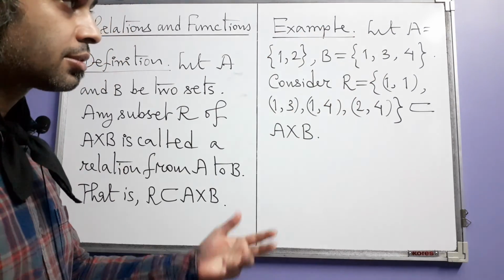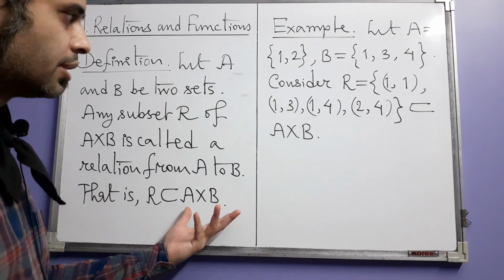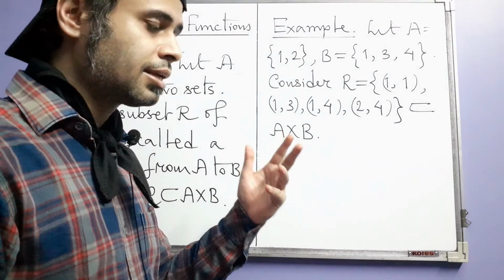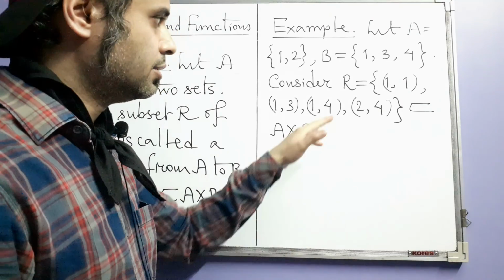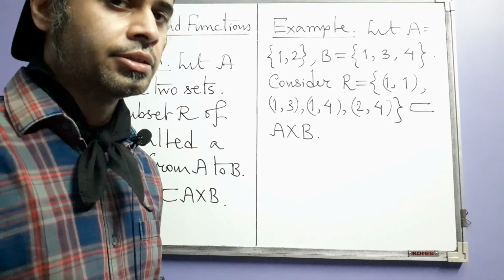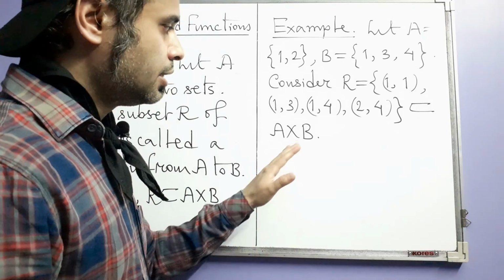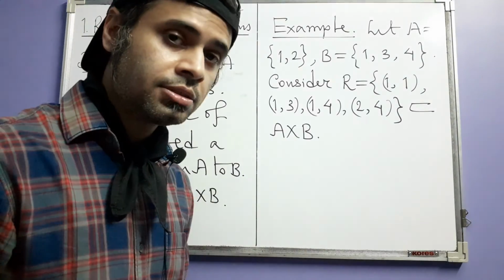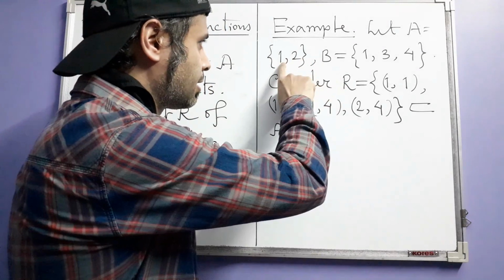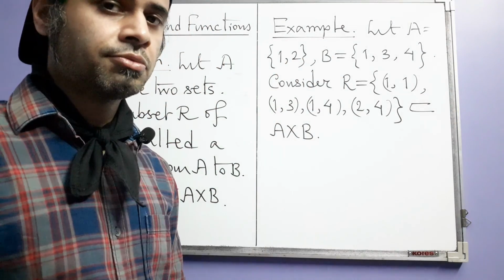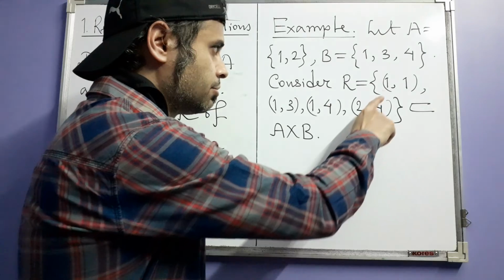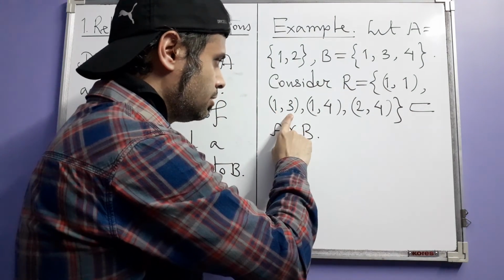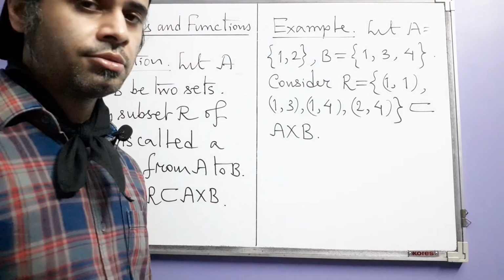and as such R is a legitimate relation from A into B. But still that issue is there, the issue of in exactly what sense are we saying that R is a relation? See, in the sense that R tells us which elements of A are related to which elements of B. Like this, 1 is related to 1, 1 is related to 3 and 1 is also related to 4.